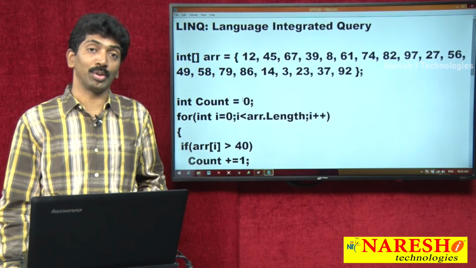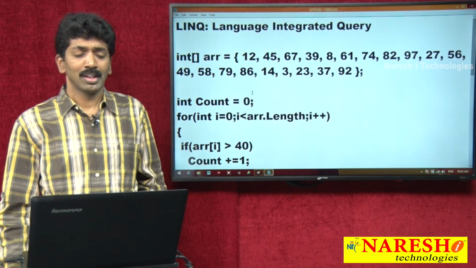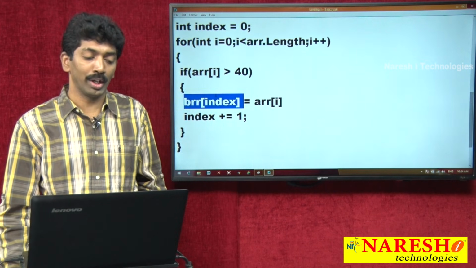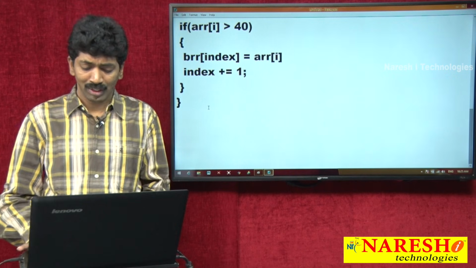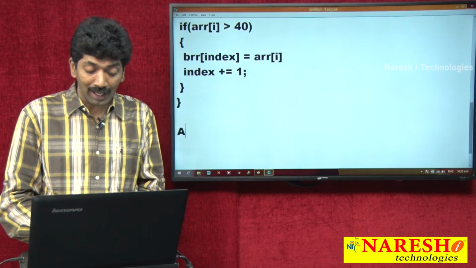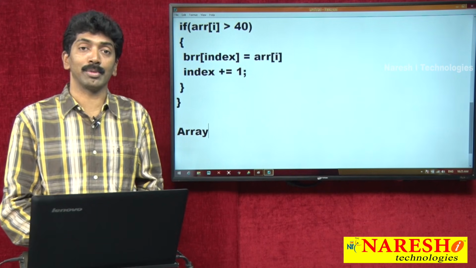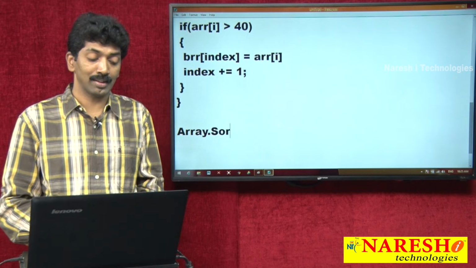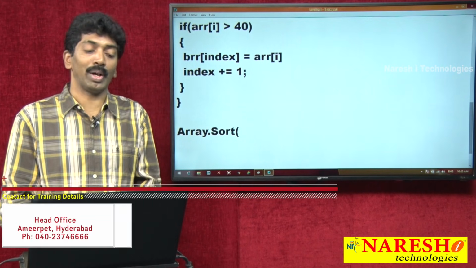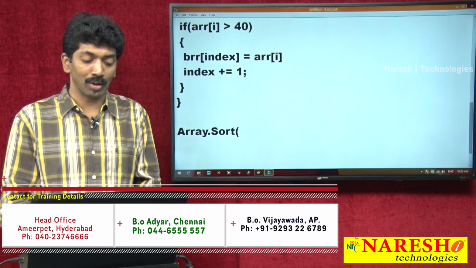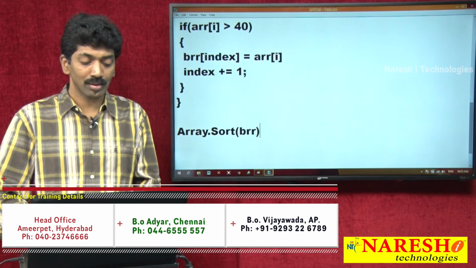Finally, if I wanted to sort all the values that are loaded into BRR, what to do? Luckily, the Array class in our System namespace provides a method called sort. By calling this sort method, I can sort the values of the array. Simply call it on BRR and it will sort the values.